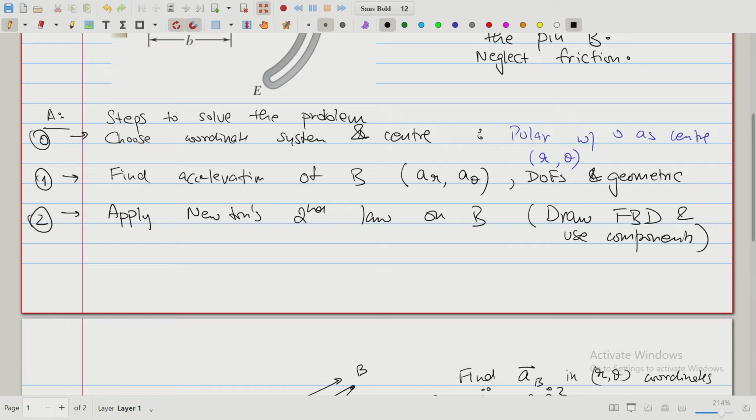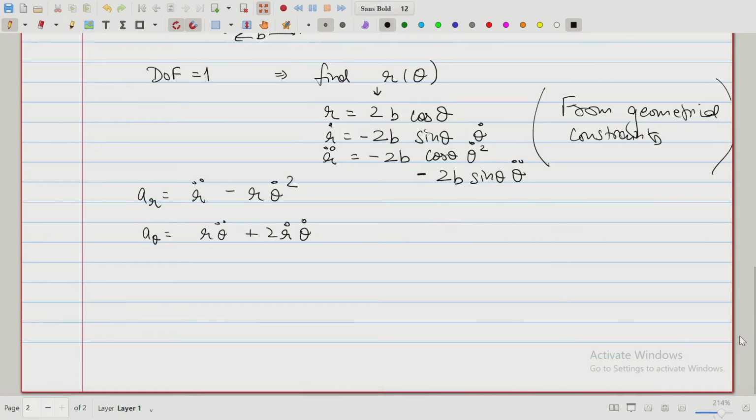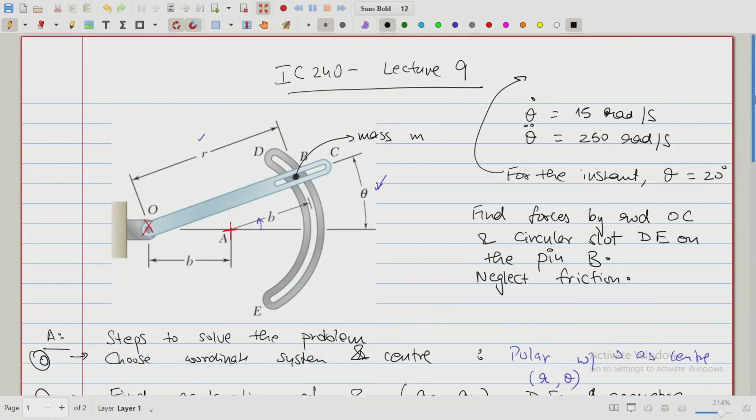The next step now is to draw the free body diagram. Now what are the forces acting on B? So let's go to the actual figure. And remember, there's no friction.